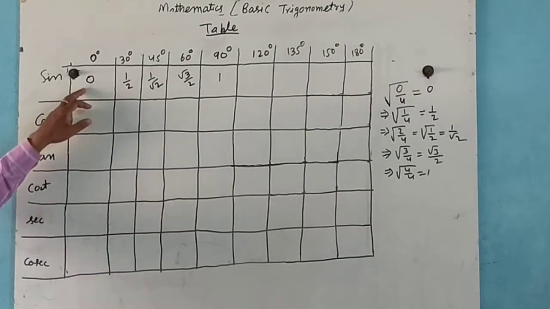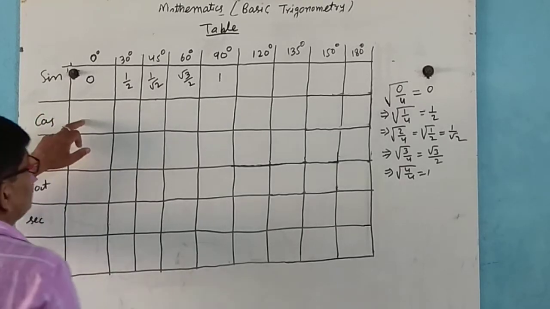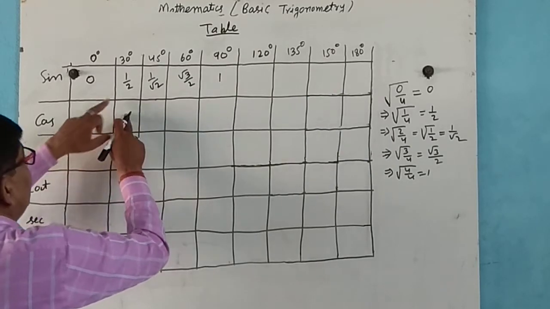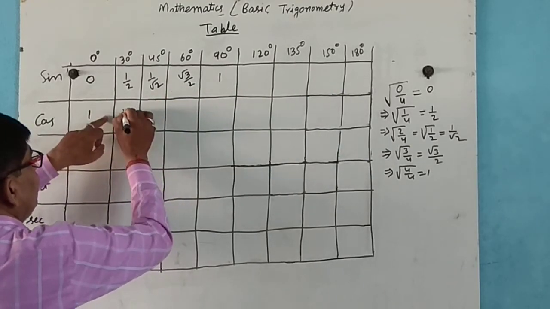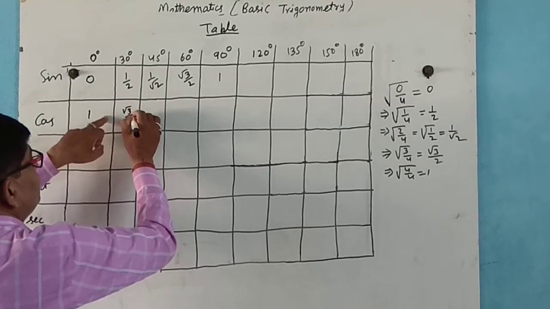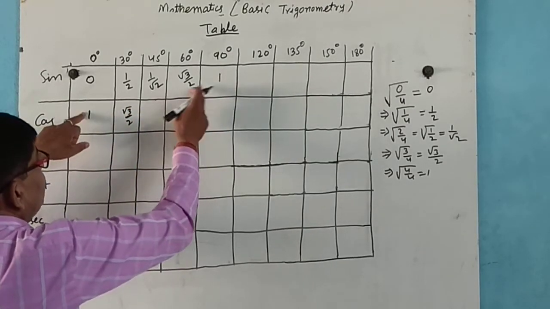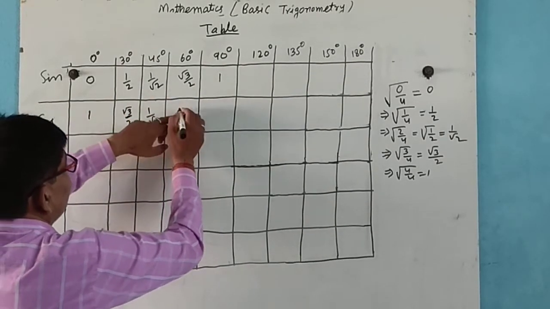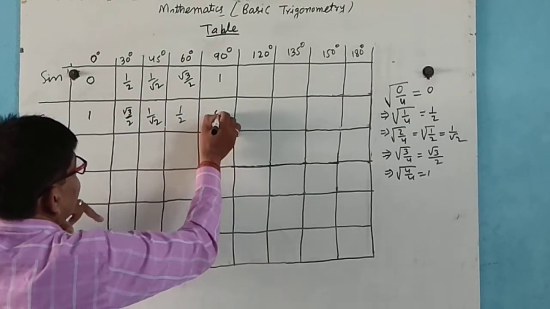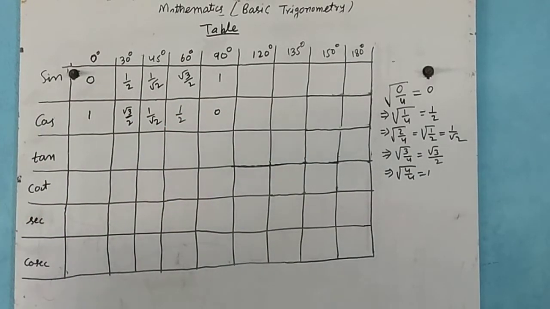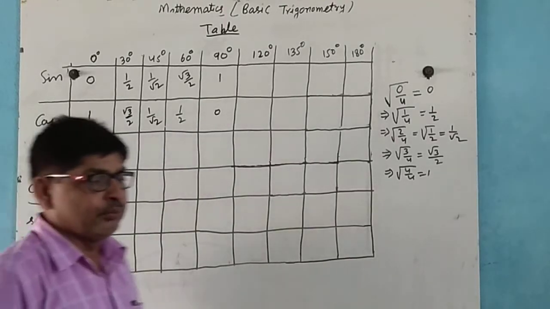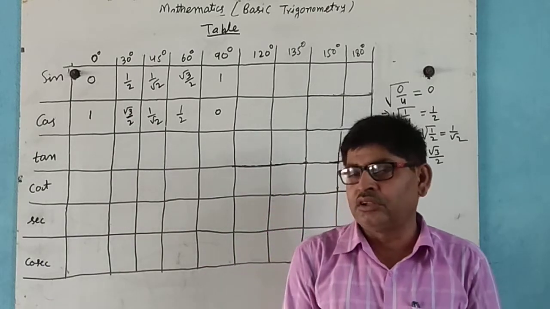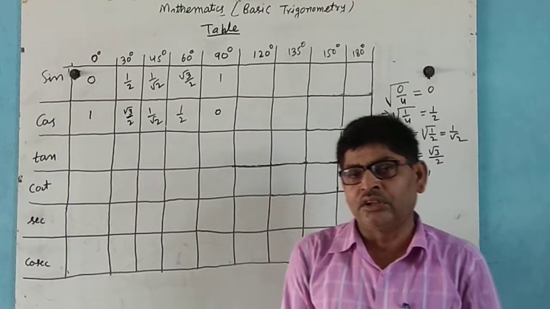Now, cos 0 degree means 1. Cos 30 degree comes here, root 3 by 2. This comes here, 1 by root 2, this comes here, 1 by 2, and this comes here, 0. Now, sin 0 degree is 0, 30 is 1 by 2, 45 is 1 by root 2, sin 60 degree is root 3 by 2, sin 90 degree is 1.